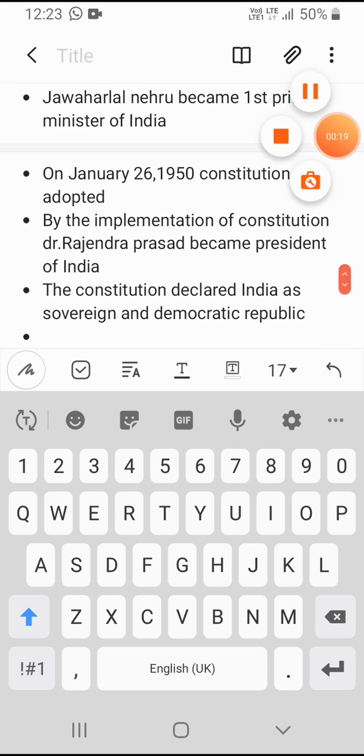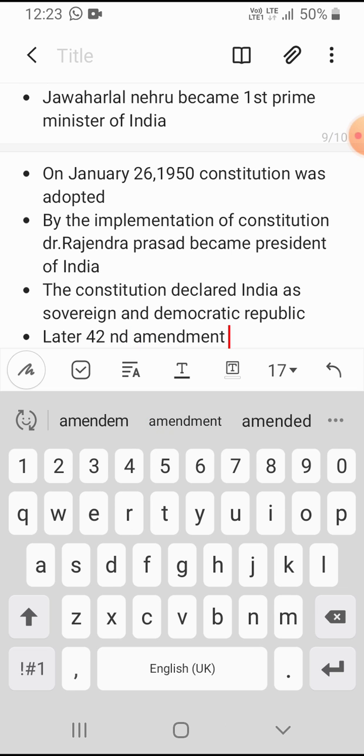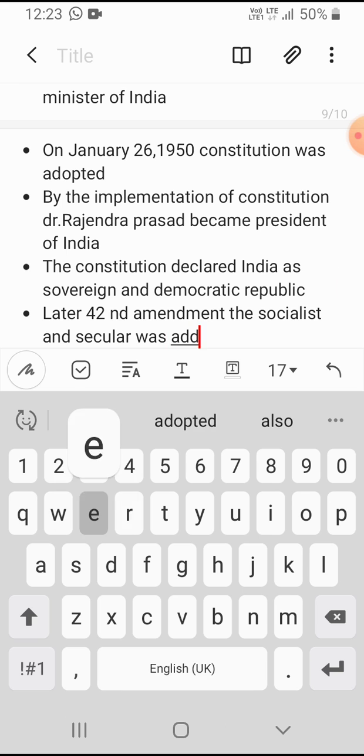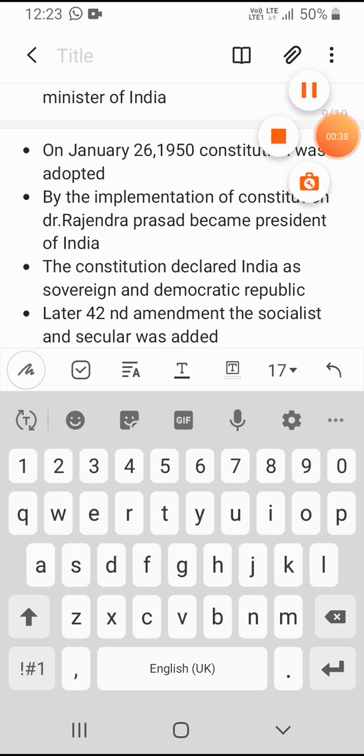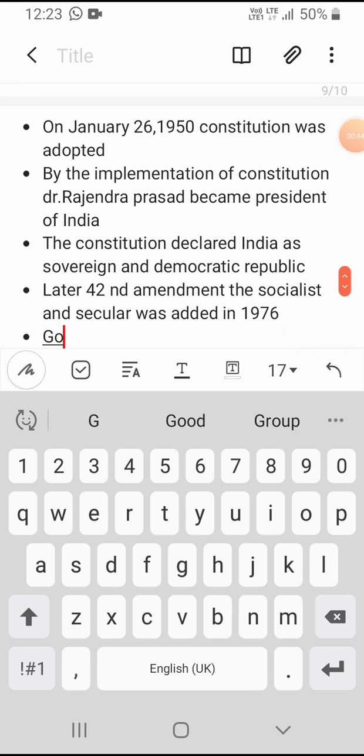Later, by the 42nd Amendment in 1976, the words socialist and secular were added.